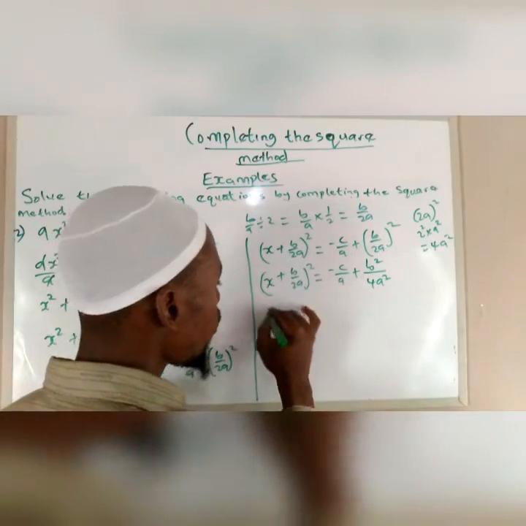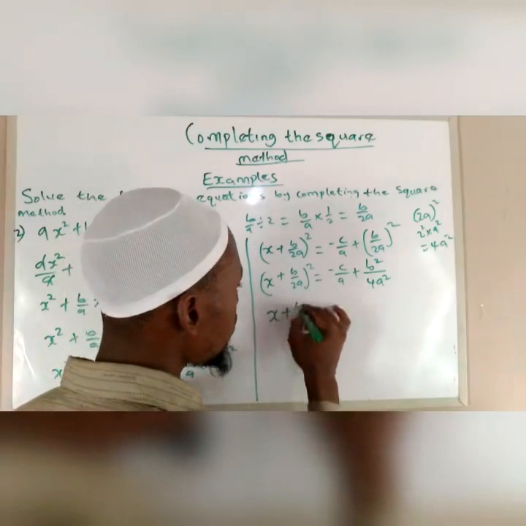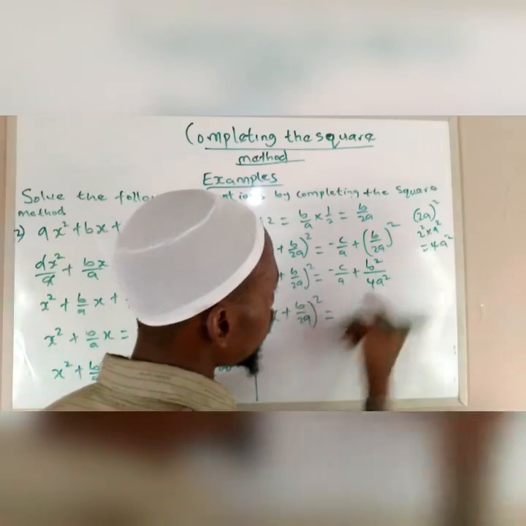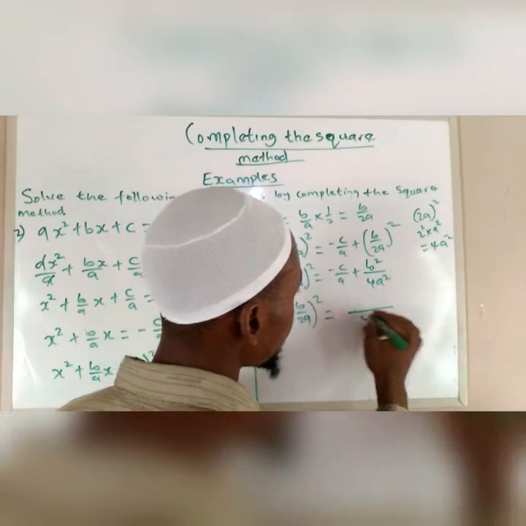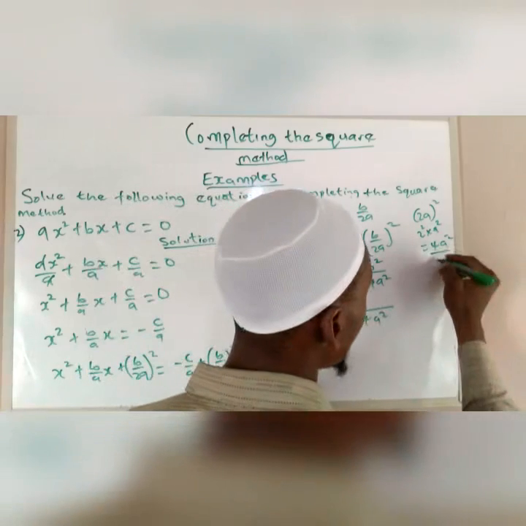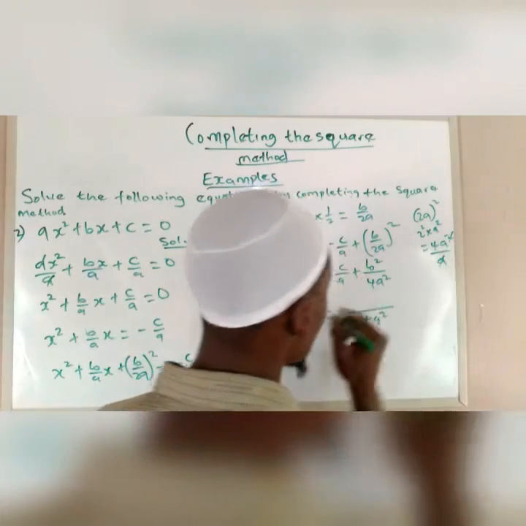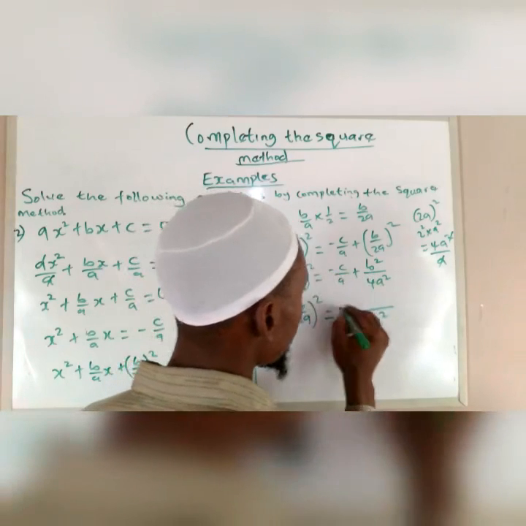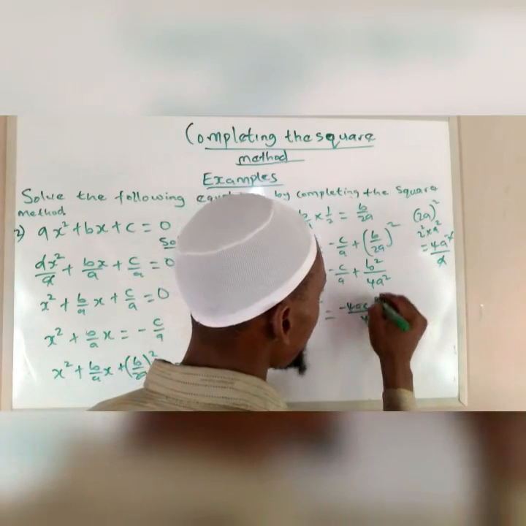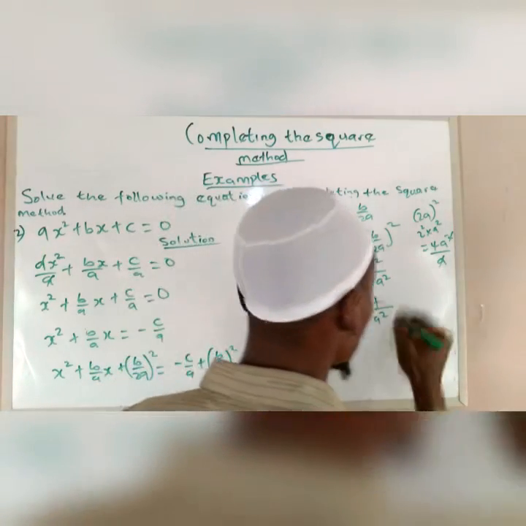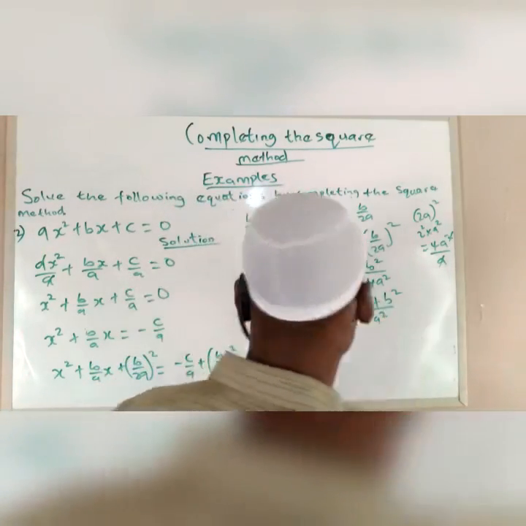So here we are going to have x plus b over 2a all squared to be equal to, the denominator here is 4a squared. When you divide 4a squared by a, you are going to have 4a. So you have 4a times minus c will give us minus 4ac plus 4a squared divided by 4a squared, that is 1, times b squared, that will be b squared.